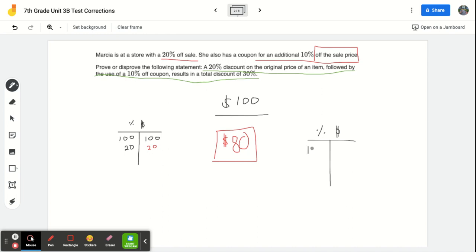We have the new cost, the new original is 80, which is the sale. And then the 10% goes on the left because it's a percentage number. All right, to find the constant of proportionality in this problem, we're going to divide the 80 by the 100.